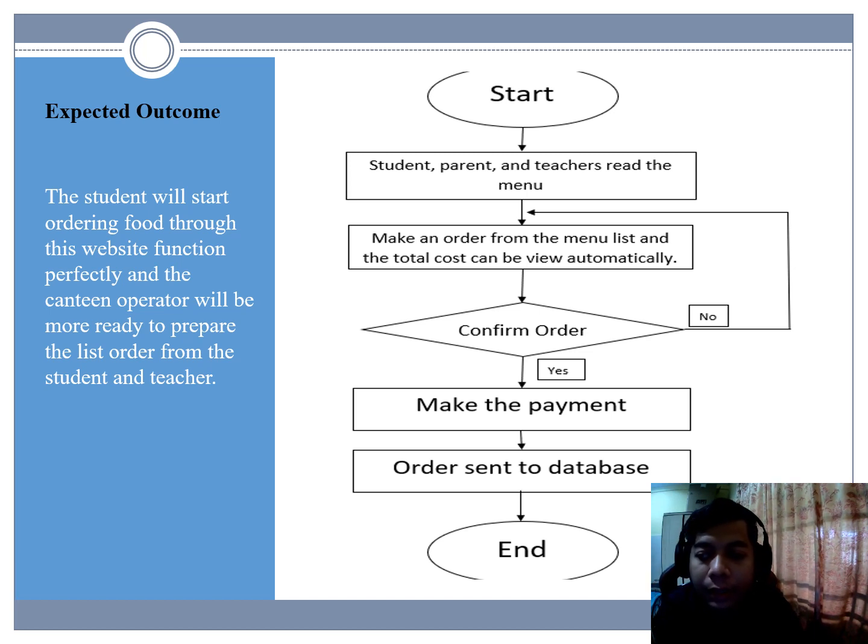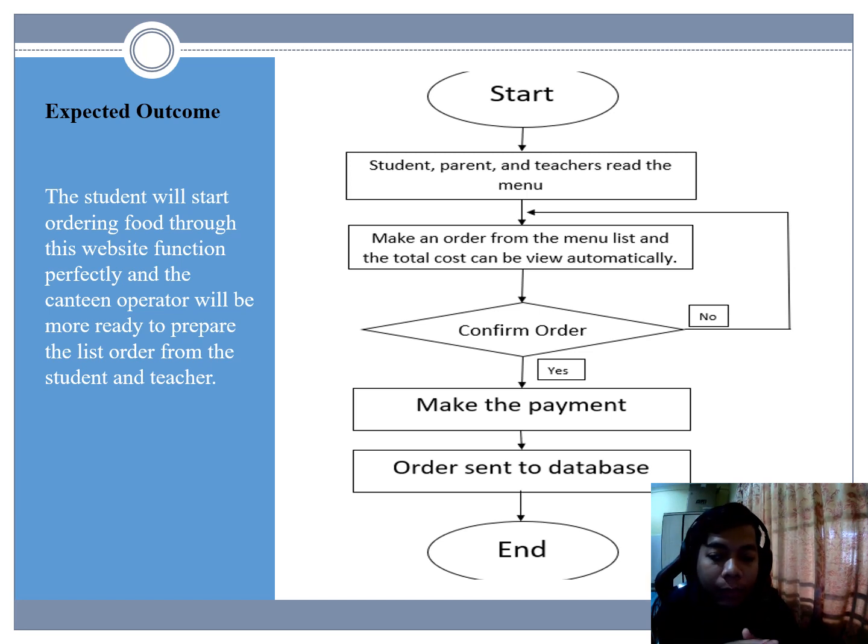After they read, they make an order from the menu list, and the total cost is viewed automatically. Then they will be asked if they confirm their order. If they are not ready yet, they will go back to the home page with the menu list.